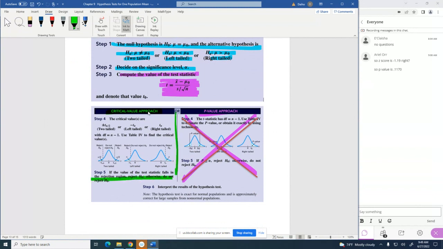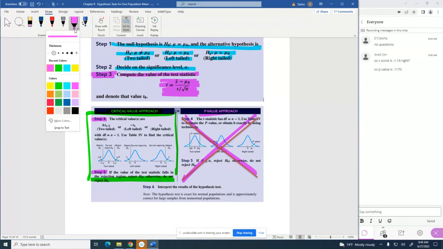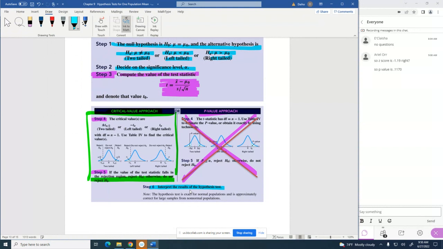So now step 4 and 5, the decision, are a little bit different because of the step 3. It's because of the t-distribution. We are going to apply a little bit different critical value approach, but finally we are going to make the conclusion, interpretation.